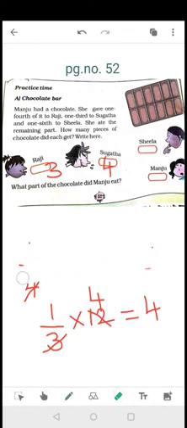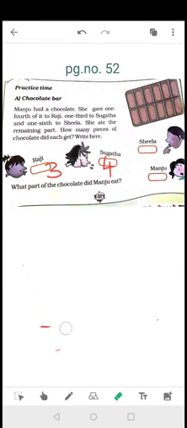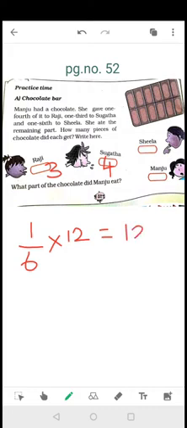What is the next one? 1/6 to Sheila. 1/6 upon 12. See, if you have doing problem, we can do one more step extra. 1/12s are 12, then put 6 here. In 6 table, 12 is coming 2 times, and Sheila will get 2 chocolates.